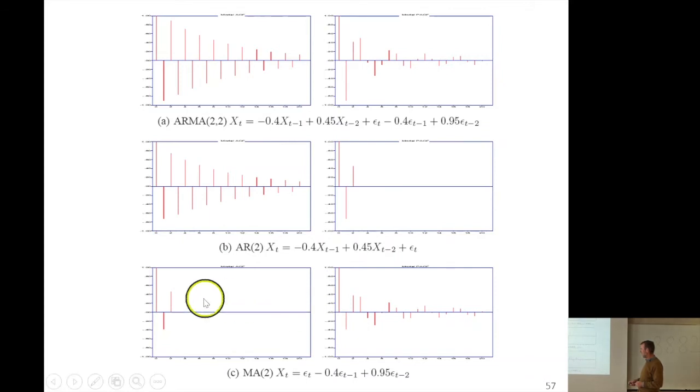For example, if I look at the third term, the third term is the covariance between xt plus 3 and xt. xt plus 3 is a linear combination of epsilon t plus 3, epsilon t plus 2, and epsilon t plus 1.